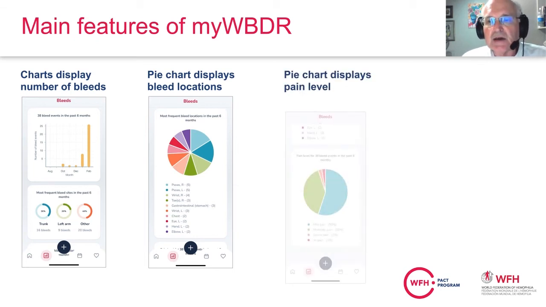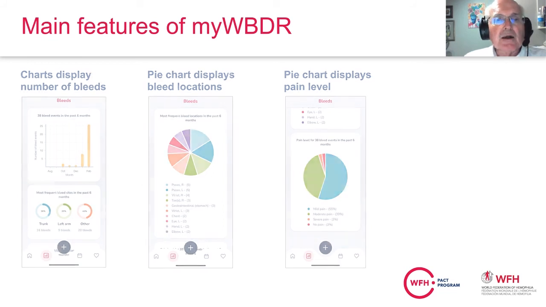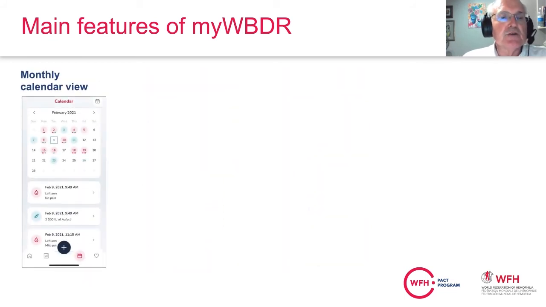And on the right, it shows that the patient had mild pain for most of the time. Carrying on, we also have a calendar view on the left. And there you can see days on which there were bleeds in pink, and then the days on which treatment was given in blue.